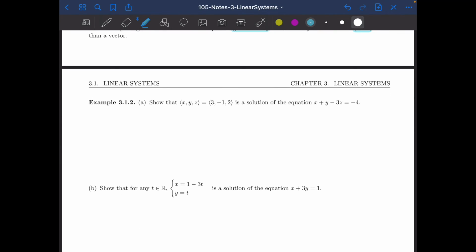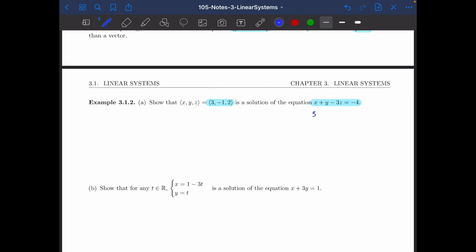In example 3.1.2, part A, we want to show that the vector 3, minus 1, 2 is a solution of the equation x plus y minus 3z equals minus 4. We will plug in 3, minus 1 and 2 for x, y, and z on the left-hand side and see if we obtain minus 4.